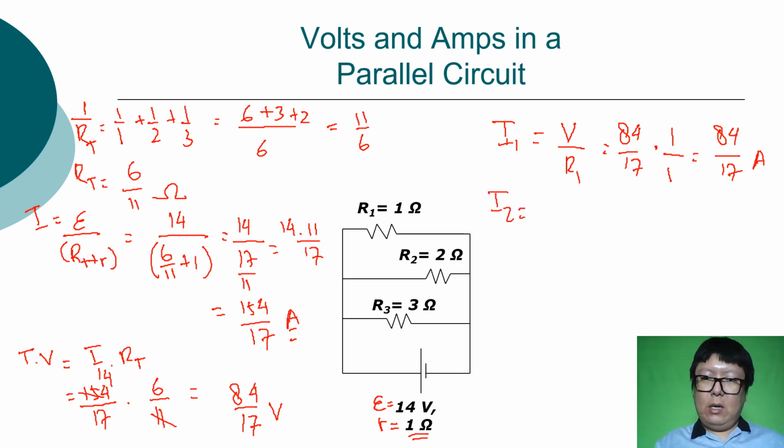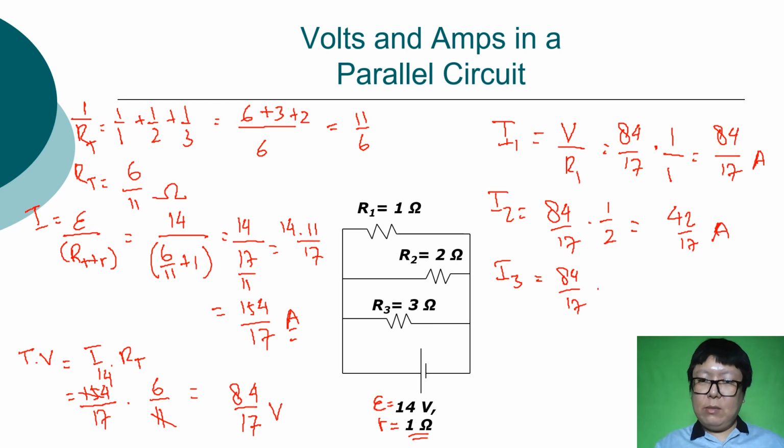I2 is 84 per 17 times 1 per 2, then becomes 42 per 17 A. I3 is 84 per 17 times 1 per 3, so 28 per 17 A.